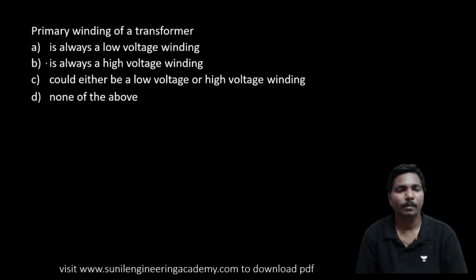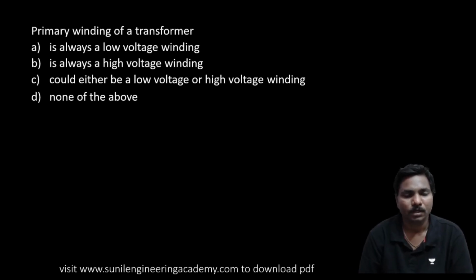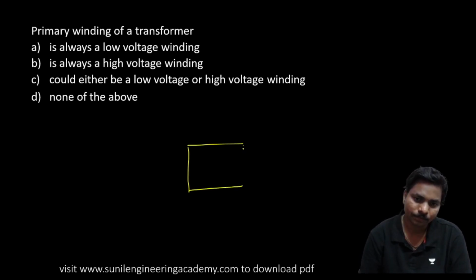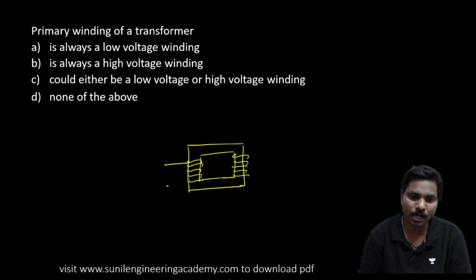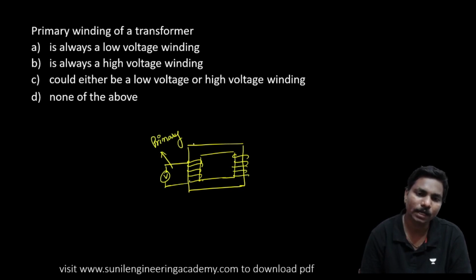Coming to the next question. Primary winding of a transformer. I already said a transformer has two windings. Until you give the supply, we can't say this winding belongs to primary and this winding belongs to secondary. Whenever you give the supply to a winding, it becomes primary. Whenever you connect one winding to the load, it becomes secondary.